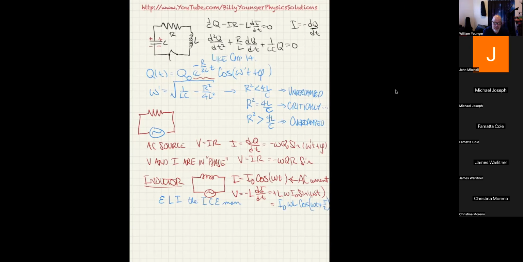And not only that, instead of V equals IR, this becomes V equals I0 times omega L. And in fact, we define this to be the inductive reactance.